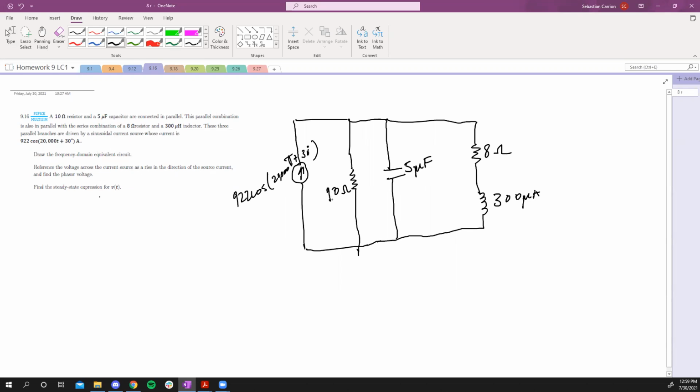So to draw the frequency domain equivalent circuit, the 10 ohm resistor doesn't change. I'm going to draw this in red.